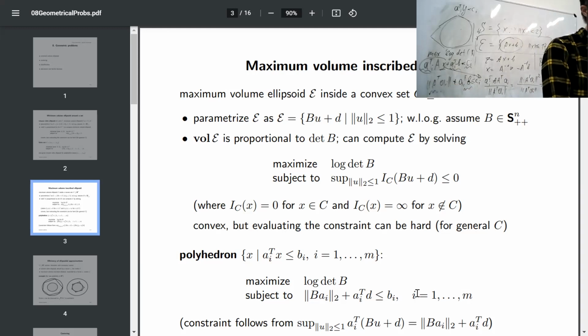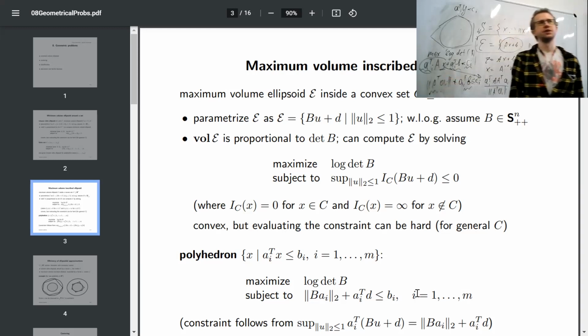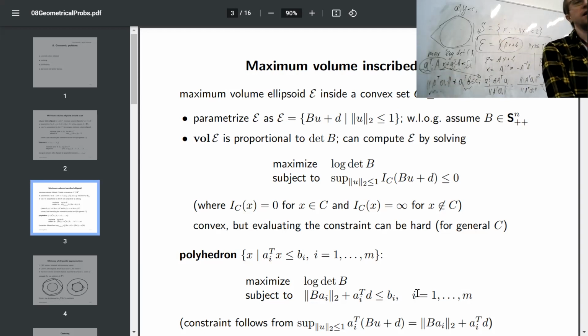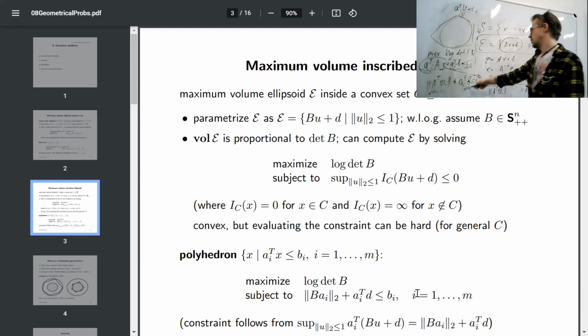You would have to be sure that you can put your semi-definite variables inside the norm, and you would have to do some changes there, basically. This is linear.